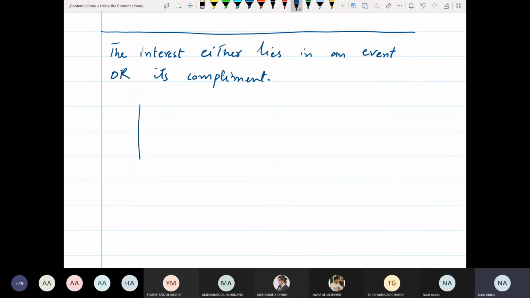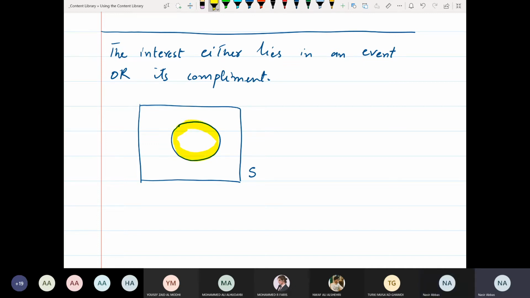Diagrammatically, if this is your sample space, and in your sample space you have an event denoted by this circle A, then the part I have highlighted with the yellow color, that is A. And the part I'm going to highlight with the blue color, that is A complement.